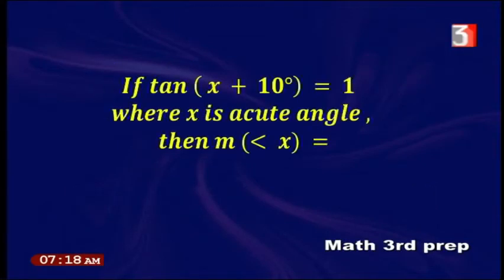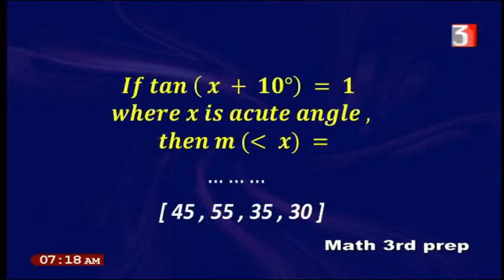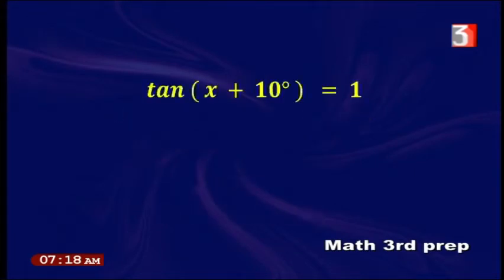Another example, if tan(10x plus 10) equals 1, where x is an acute angle, then the measure of angle x equals what? Is it 45 degrees, or 55 degrees, or 35 degrees, or 30 degrees? First of all, the given is tan(10x plus 10) equals 1.